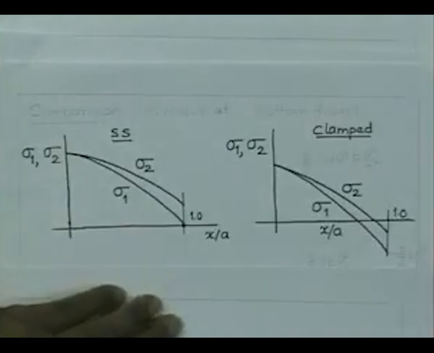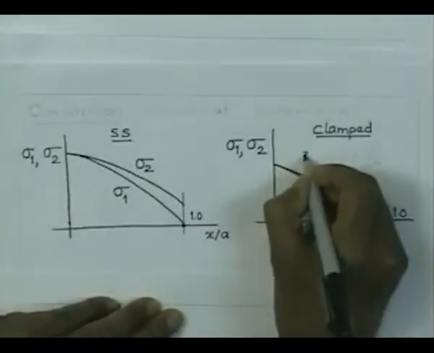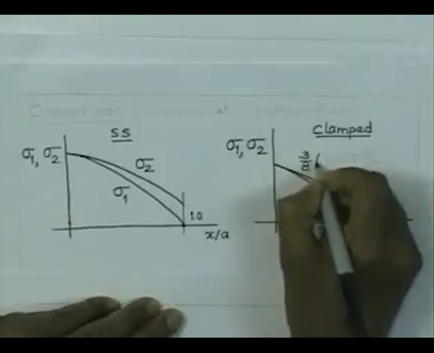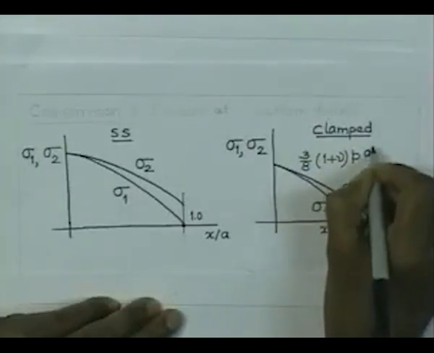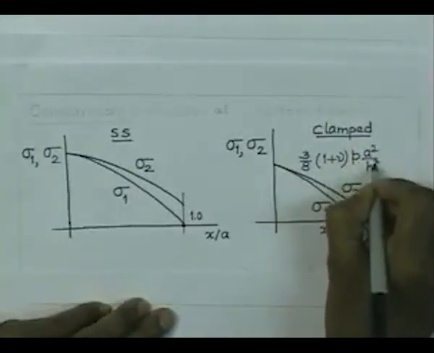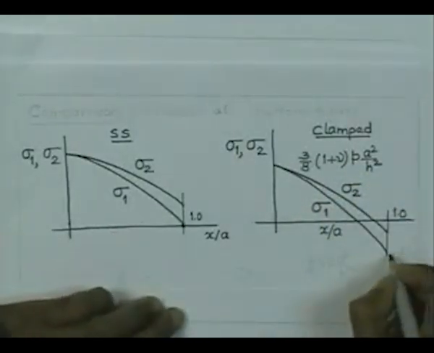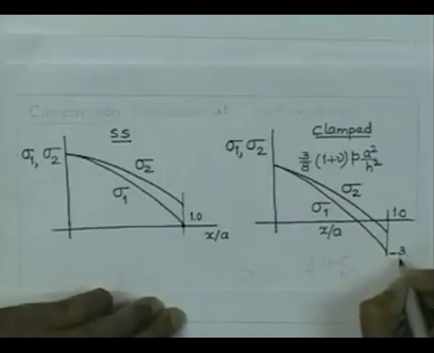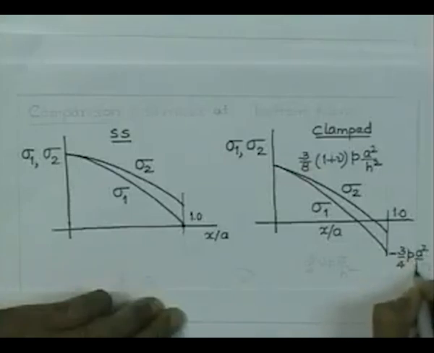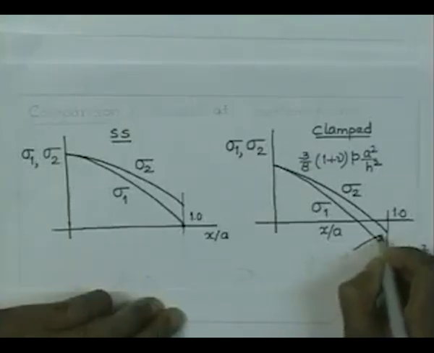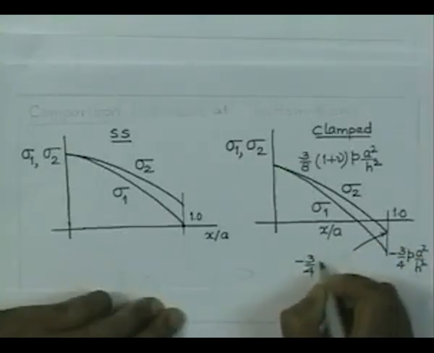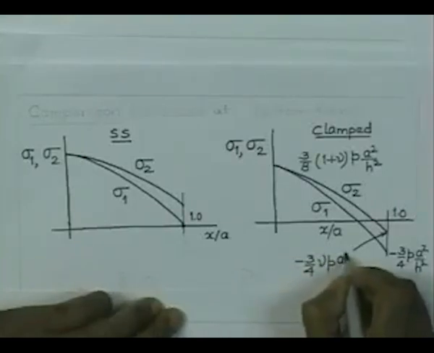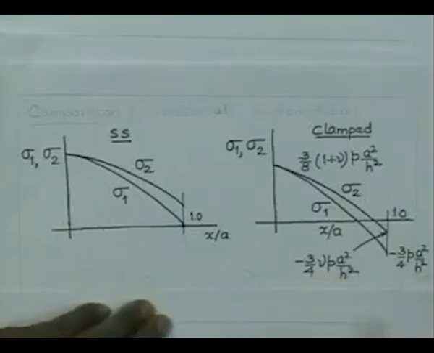The magnitude of the stresses, for this case, the maximum stress which occurs at the center is 3 by 8 (1 plus nu) p a square by h square, and the value of stress sigma 1 is compressive, 3 by 4 p a square by h square, and the magnitude of sigma 2 is minus 3 by 4 nu times p a square by h square.